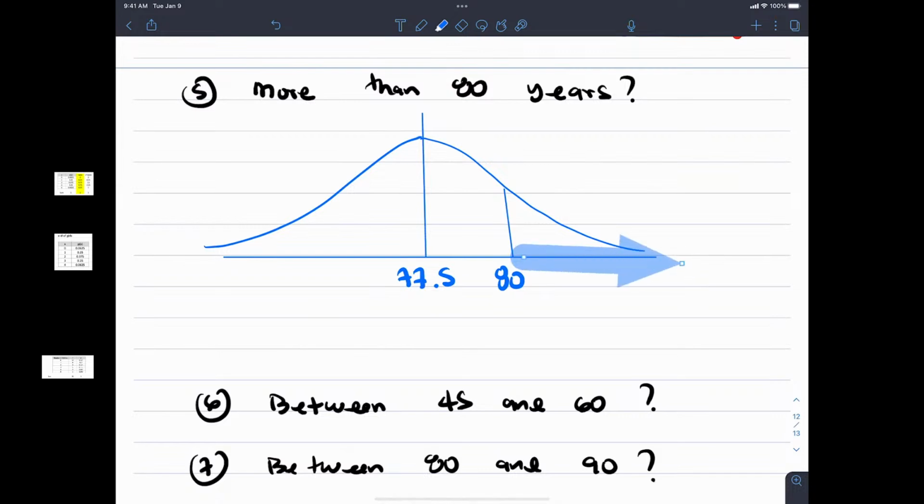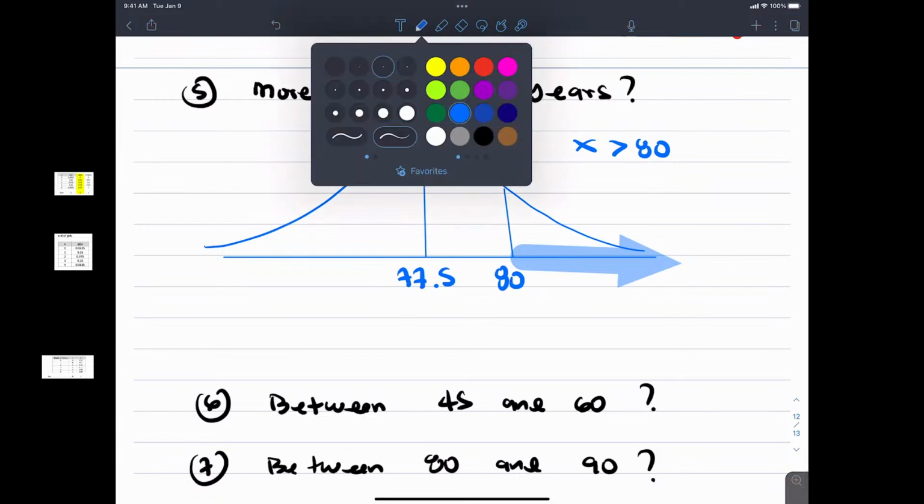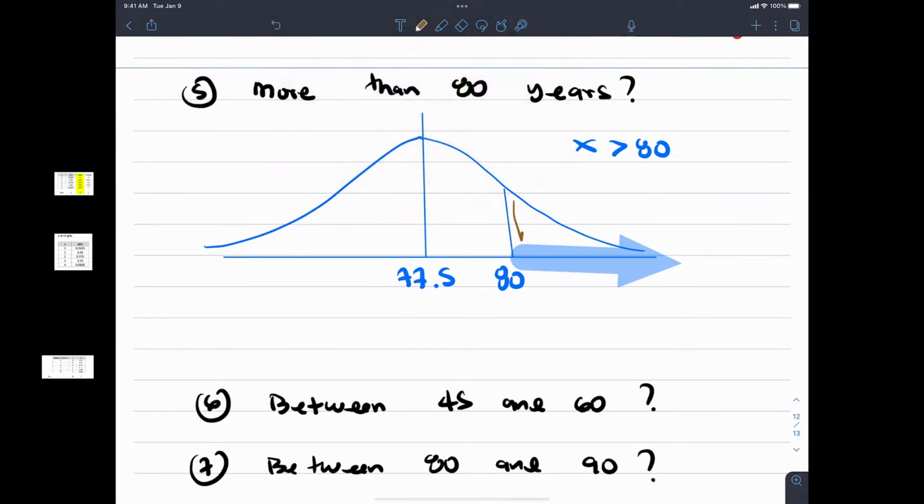Well, really, it's greater than 80, right? More than 80 is strictly greater than. So you say, oh, that's greater than 80. All right, so let's do this. We're going to shade the bell. So notice, isn't that a right tail?